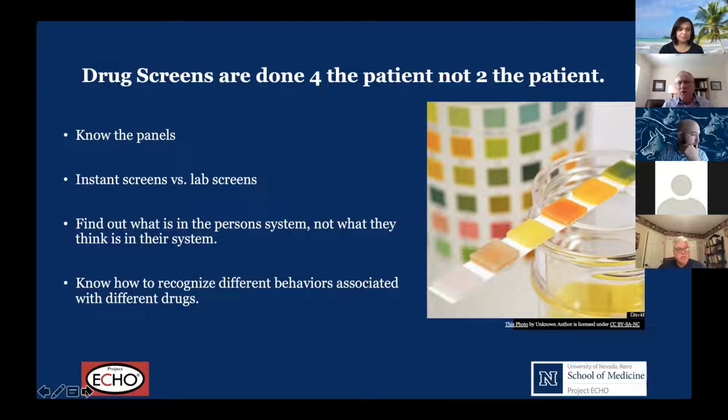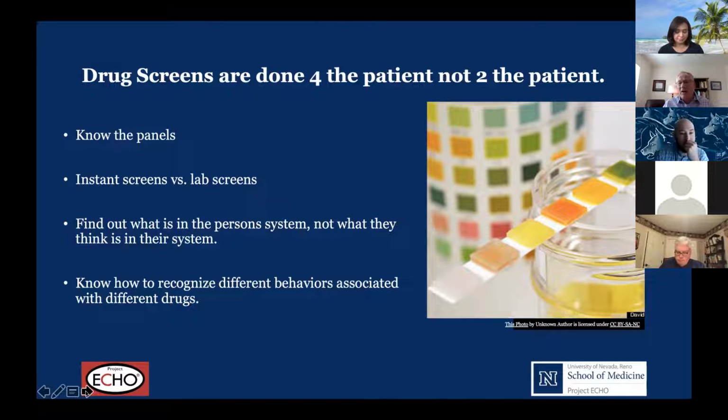So in order to do drug screens correctly, you have to know the panels. Not all drug screens are created equal. And an instant drug screen or a dip is, to me, kind of worthless. It says that it has this substance in their system, but I want to know how much. I want to create a baseline.